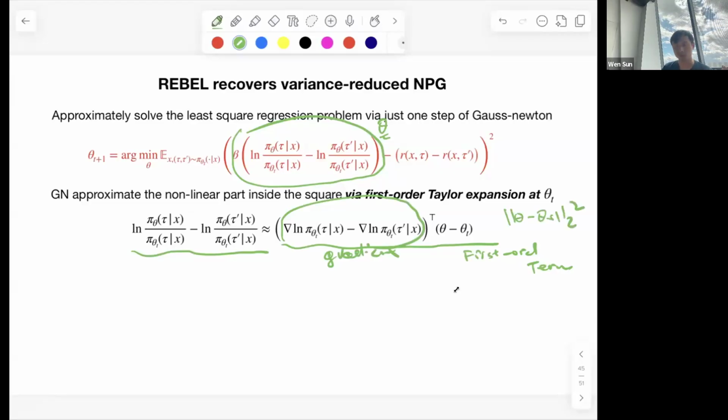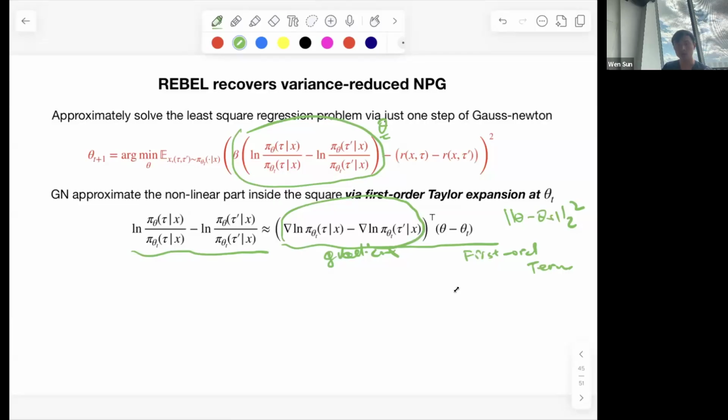So I don't worry about the second order term anymore. Okay, so I'm just approximating this nonlinear component inside the square loss by its first order Taylor expansion. Zeroth order term is 0. Second, third order terms, we just get rid of that. So all we are left with is this linear gradient, the first order term.